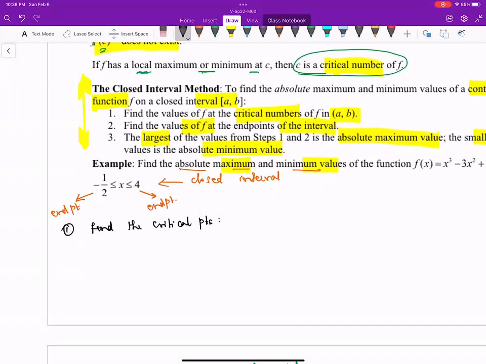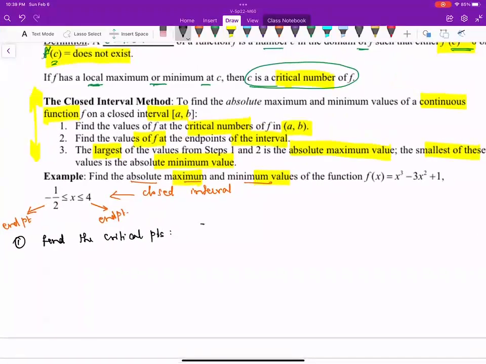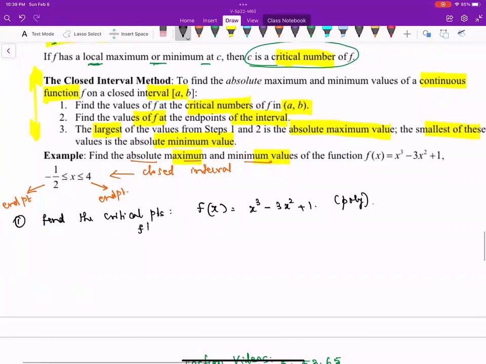What are the critical points? The critical points are points where the derivative equals 0 or does not exist. Since f(x) is a polynomial, the derivative will exist at every point. So what is f'(x) = 0? That means 3x^2 - 6x = 0.